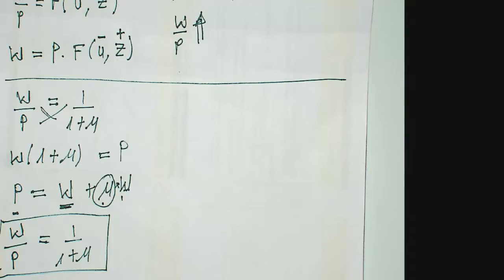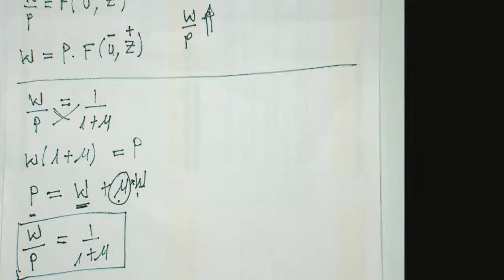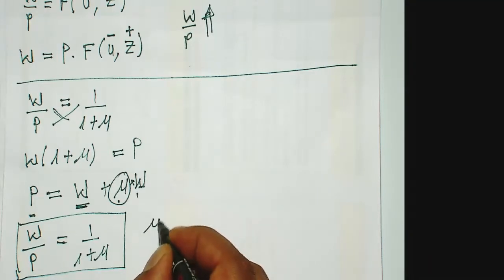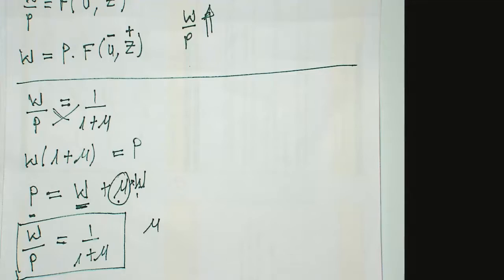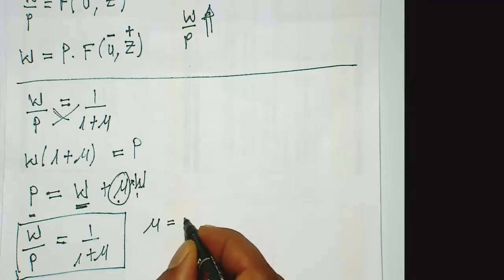So now in the labor market, we have seen two types of curves. The first is the wage setting, and the second one is the price setting. There is some additional information regarding the price setting. We have said that there is a markup of mu in the price setting. If there is perfect competition in the industry, mu would be equal to 0.